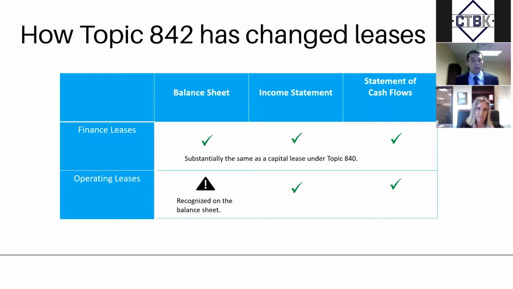In regards to operating leases, topic 842 now requires a lessee to recognize the right of use asset and related lease liability on the balance sheet. However, there is no change in treatment from topic 840 for operating leases on the income statement or statement of cash flows.